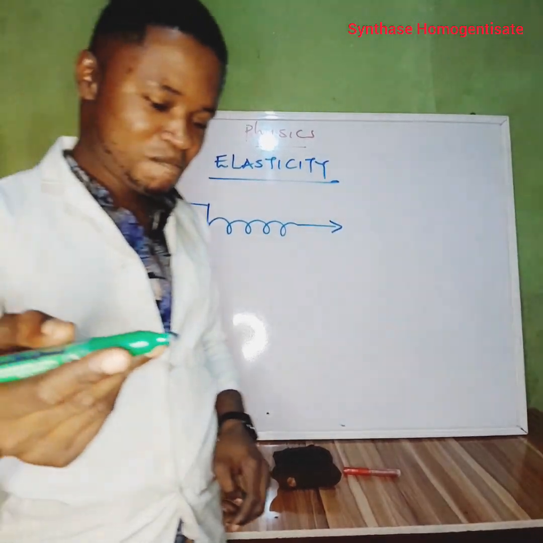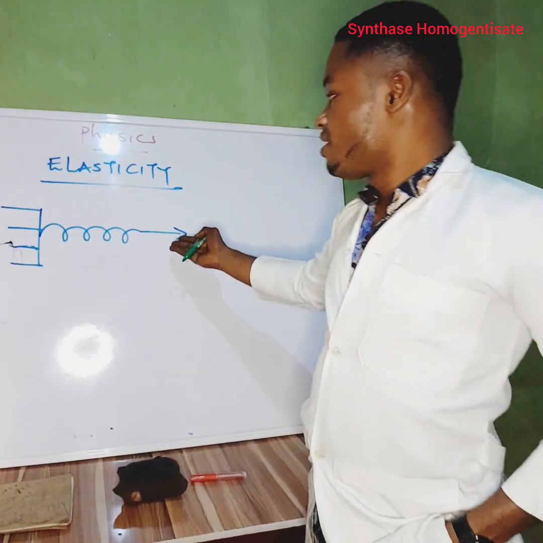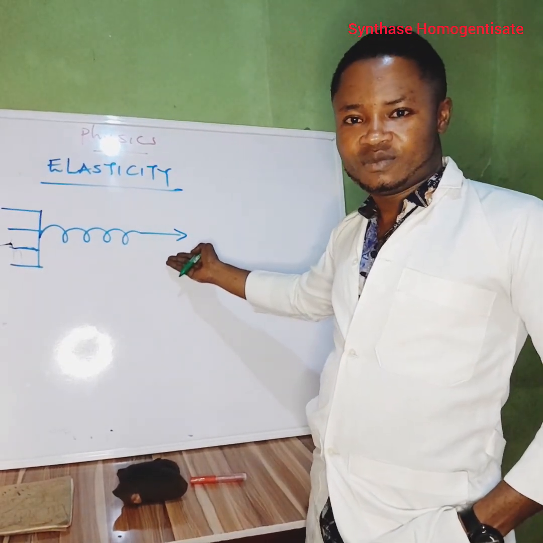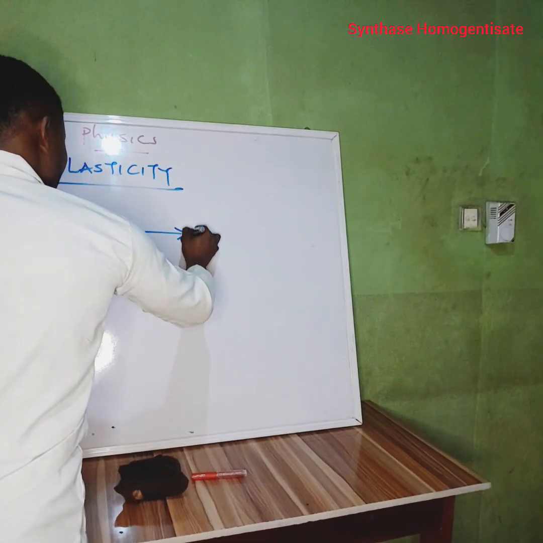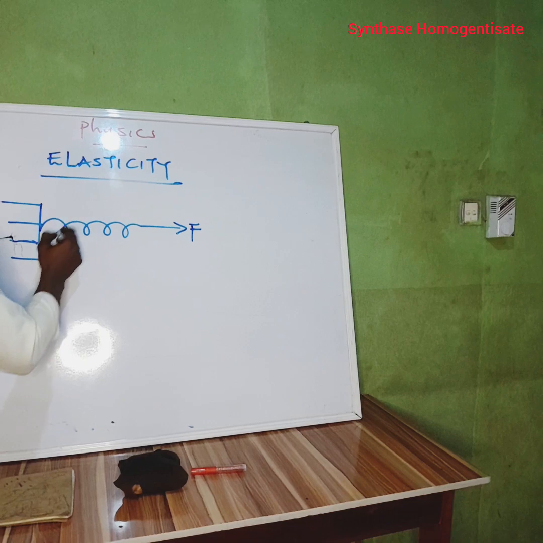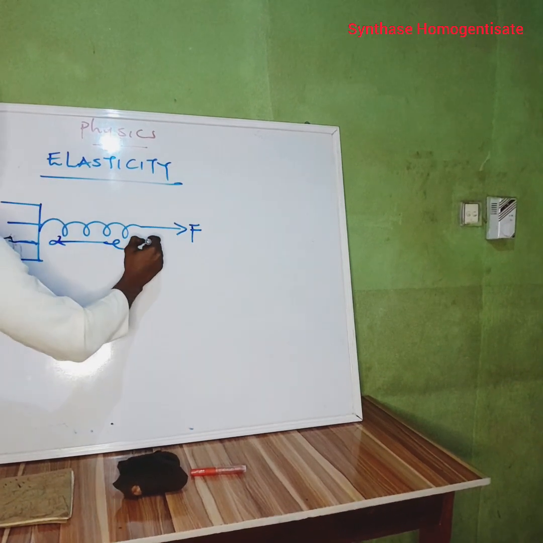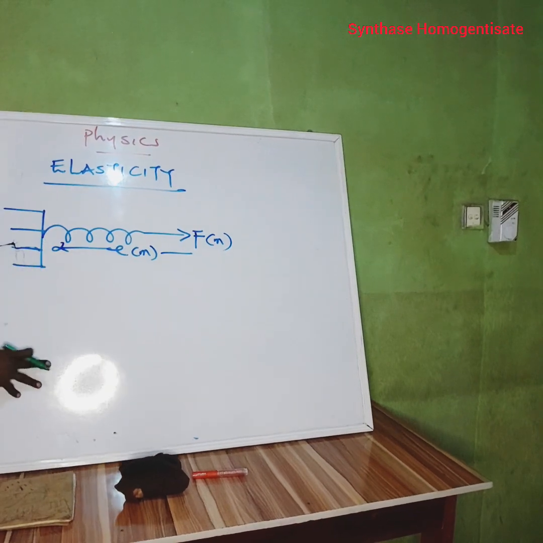Are you with me? It has a 0 Newton force, because there is no extension yet. Now, if we apply a small unit of force here, we can deduce that a new extension is generated as a result of the impressed force on this material.